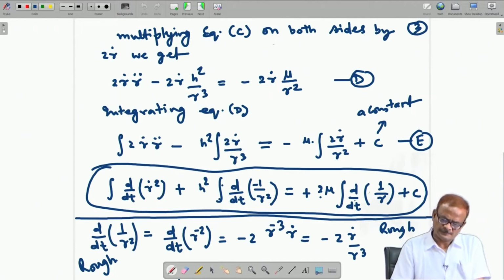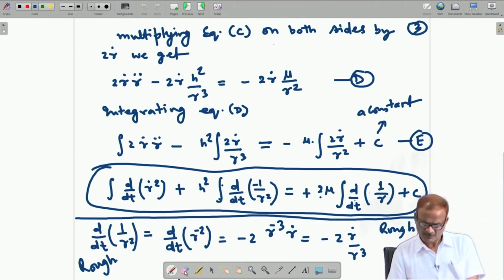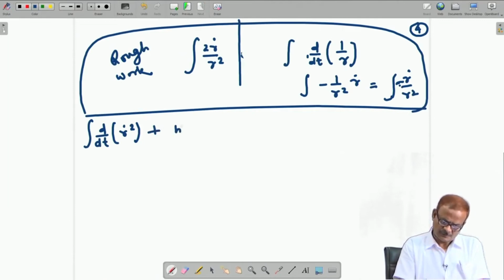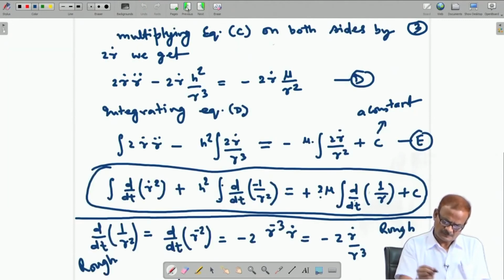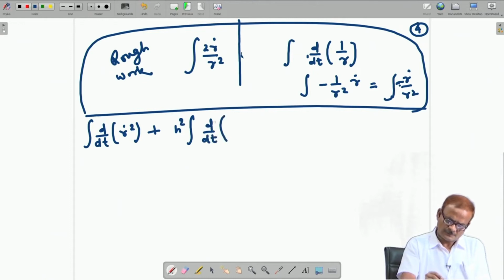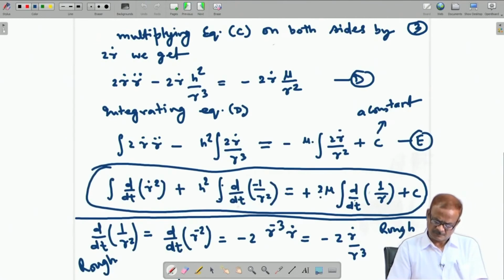okay, plus h square d by dt, okay. Here if we differentiate it, so that becomes plus.